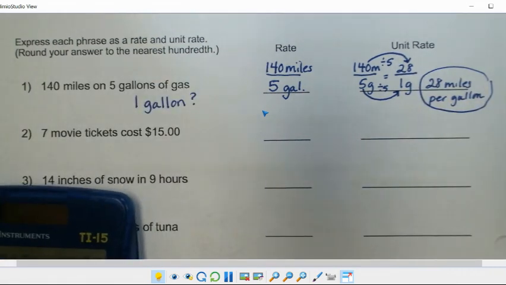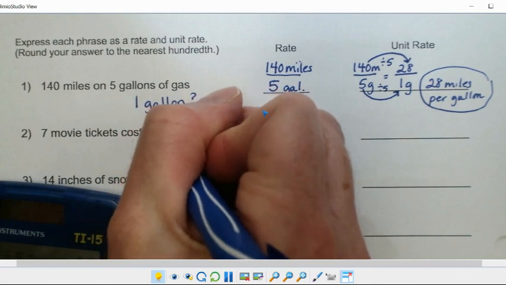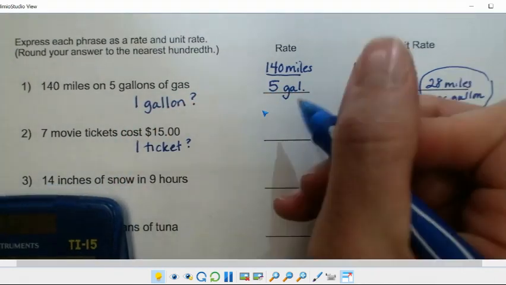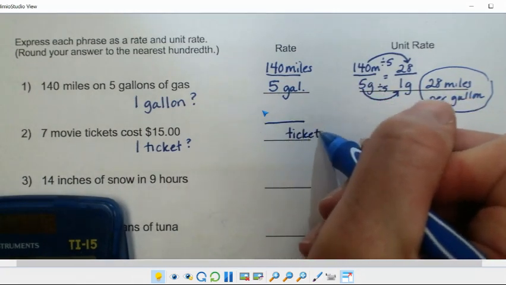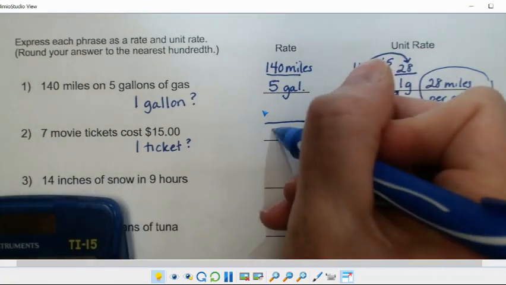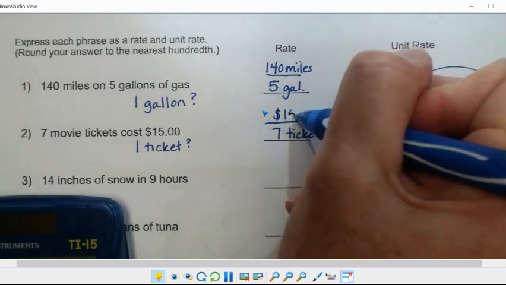Let's look at number 2. 7 movie tickets cost $15. Well, I want to know what 1 ticket will cost. So ticket will be my denominator when I write my rate. In my original statement, I have 7 movie tickets and $15.